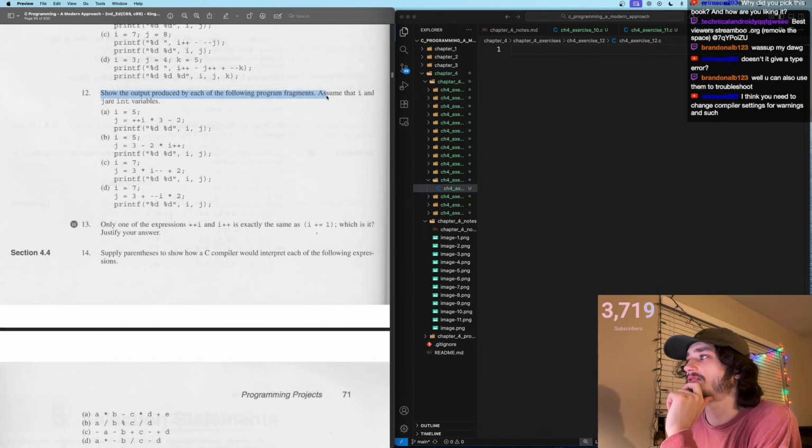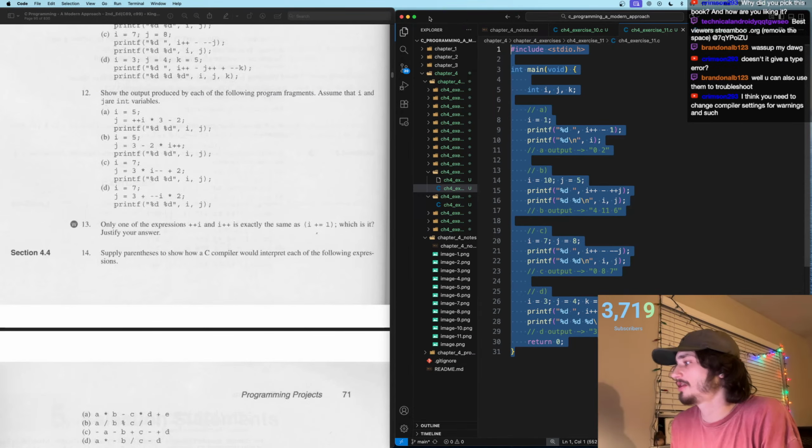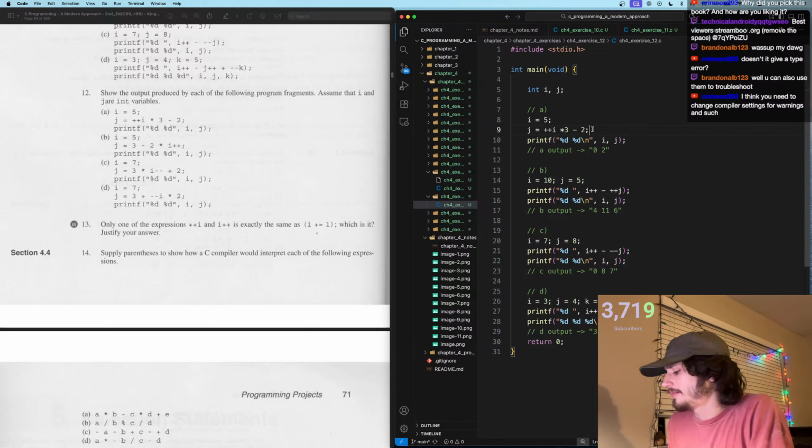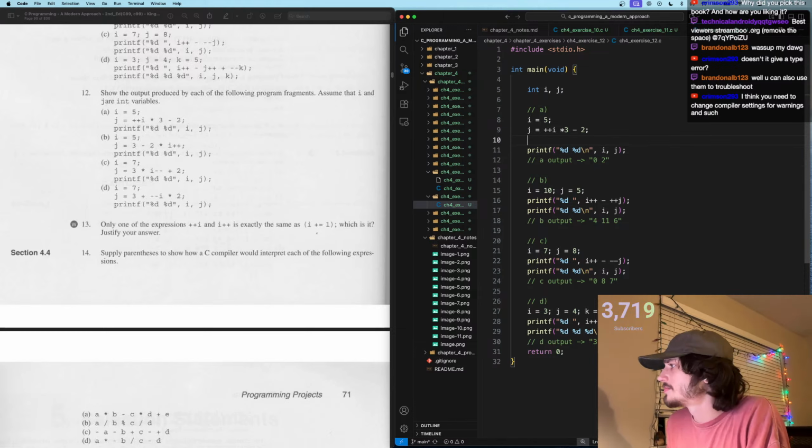We want to show the output produced by the following fragments. So let's copy our code here, kind of into the same template here. We have an i, a j, and that's it. We don't have a k value. So A is going to be i is equal to 5, and j is equal to ++i * 3 - 2. Okay, and then we're going to print out both i and j. Cool. Okay, so what's going to happen here?